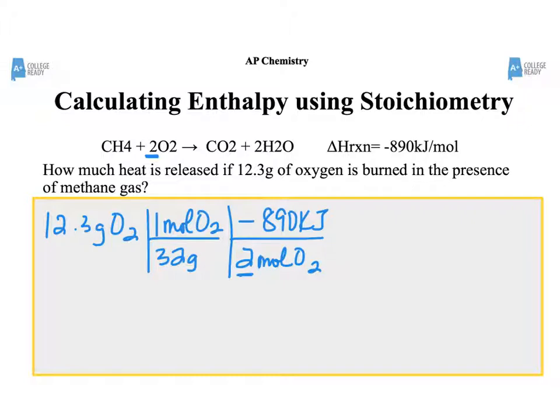And so we need to keep that ratio together. So this is the molar ratio straight from the reaction. We do that calculation and we get negative 171 kilojoules of heat, or 171 kilojoules of heat released.